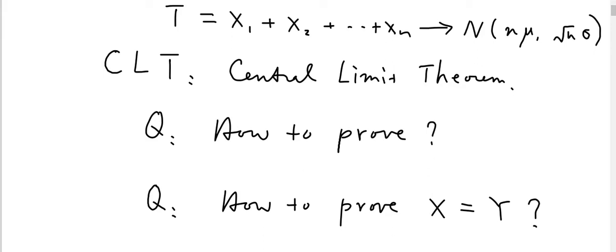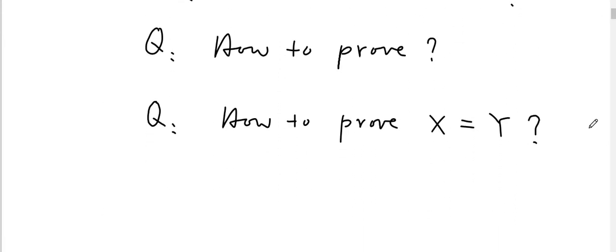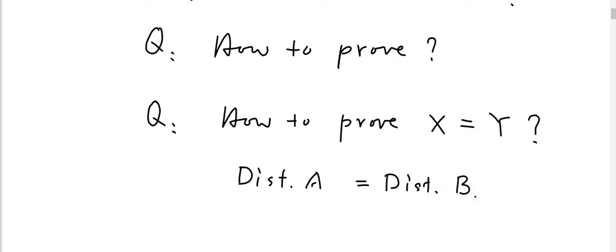How can we prove these two random variables follow the same distribution? Or we can say: how can we prove distribution A equals distribution B, that these two distributions are the same?